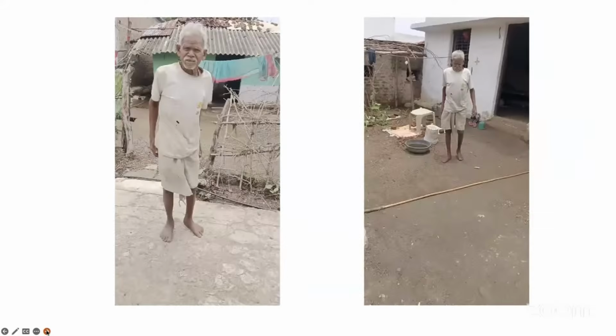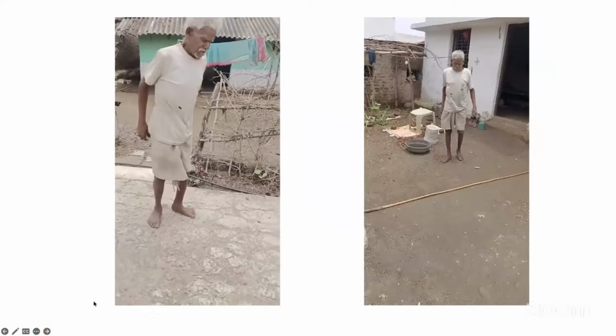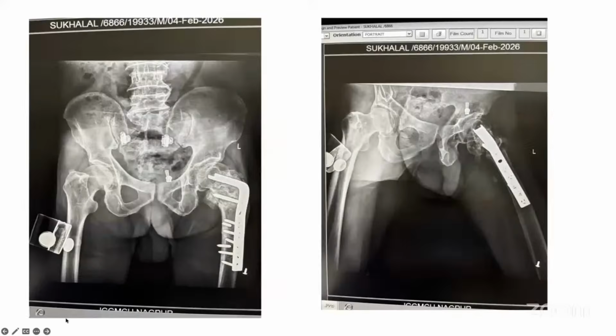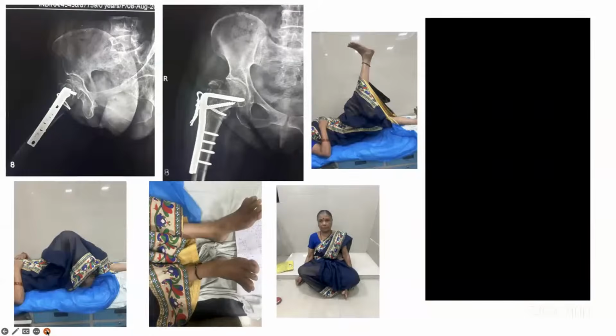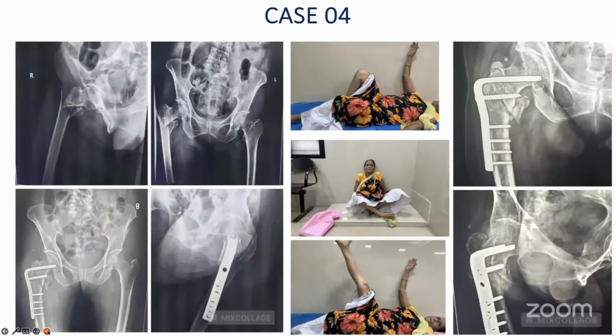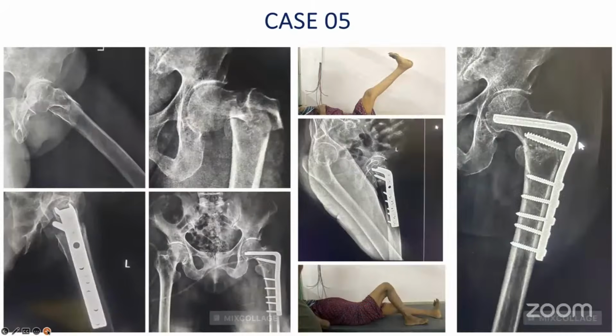This is the patient walking on this implant. And this is the 1 year follow-up of this implant. The patient is still walking. These are various cases of intertrochanteric fractures which we had fixed with angle blade plates.